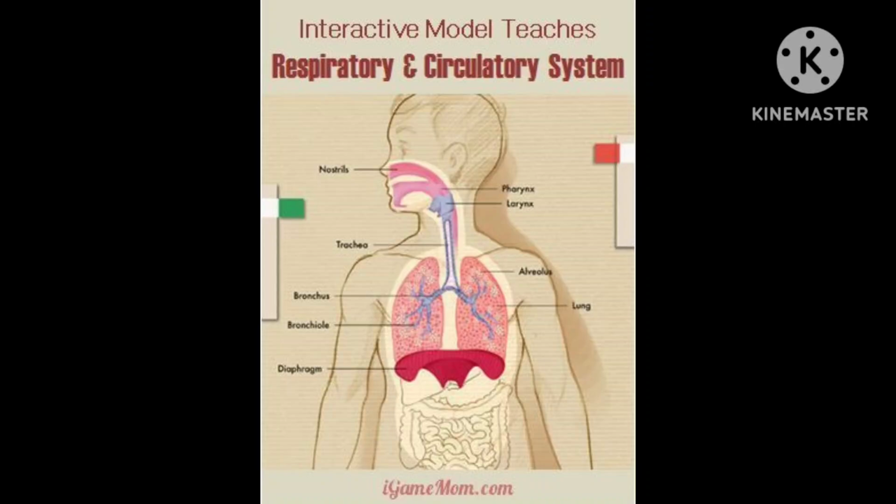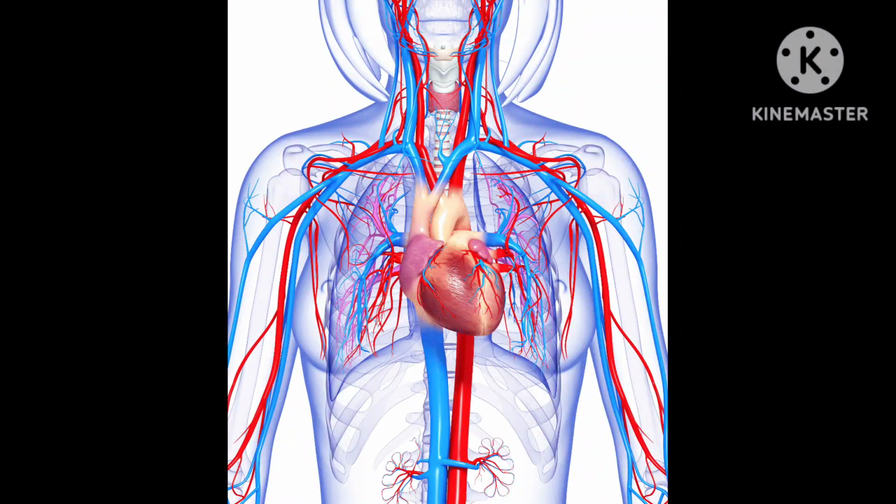The waste product of cellular respiration, for example carbon dioxide, is added to the blood. This deoxygenated blood, blood with less oxygen and more carbon dioxide, reaches the lungs. Carbon dioxide from blood capillaries diffuses into alveoli air. Eventually, the carbon dioxide is breathed out of the body.